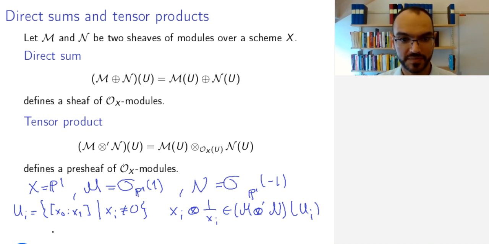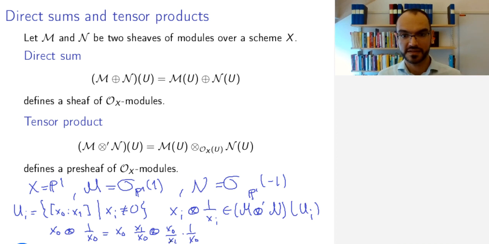So on the overlap, x0 times 1 over x0, what I do is I multiply by x1 divided by x0, and here by x0 divided by x1.